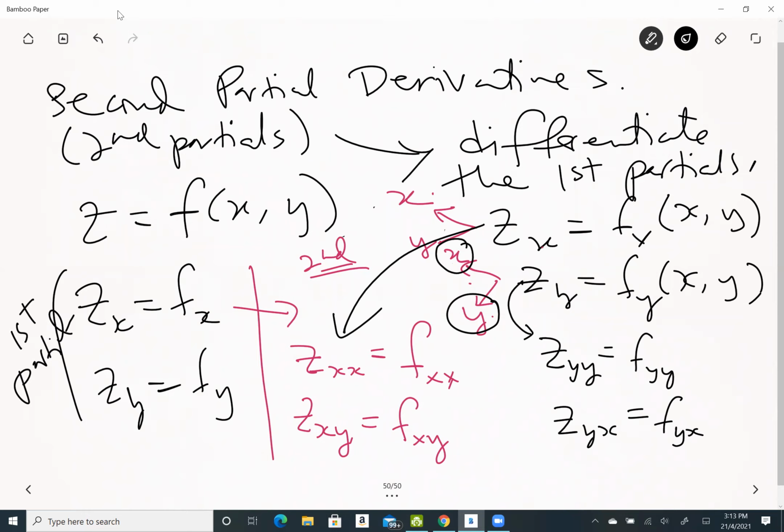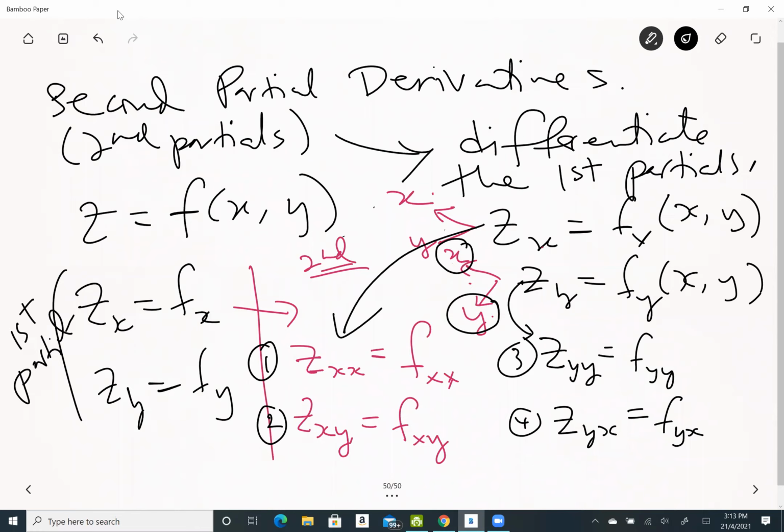So altogether 1, 2, 3, 4. So there will be 4 second partials. First partial you have 2, second partial you have 4. So that is the second partial derivative. It's the derivative of the partial derivative, just like the second derivative. Any question? All right.